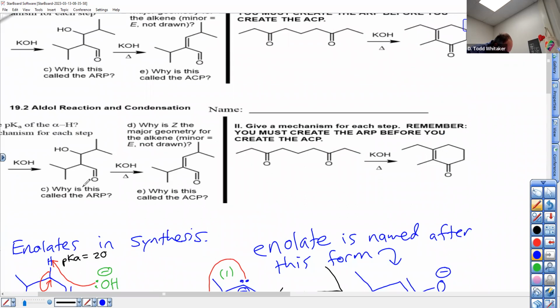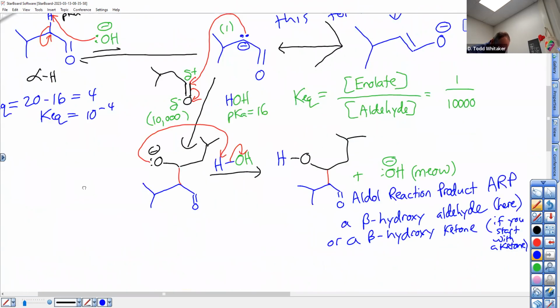Why is this called an ARP? C. I think the explanation is pretty, I don't have to write anything more, do I? C. Okay. And I'll just, ald. Hydroxy is an alcohol, right? Alcohol. Aldol. That explains it right there. Aldol reaction product.